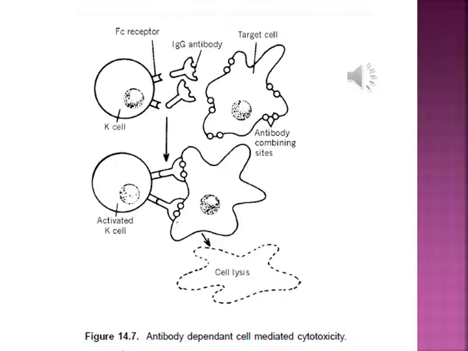The activated killer cells have Fc receptors that can bind immunoglobulin G antibody that also can bind by its Fab portion the antigens presenting on target cells, a process like opsonization. So the activated killer cells use the antibody as a bridge, then begin to kill the target cell.